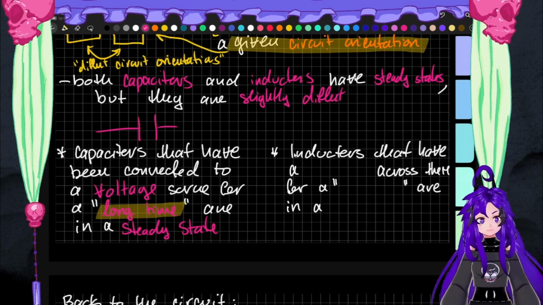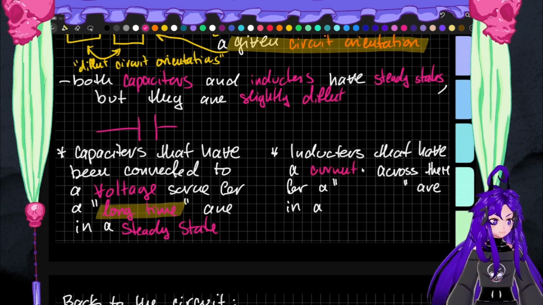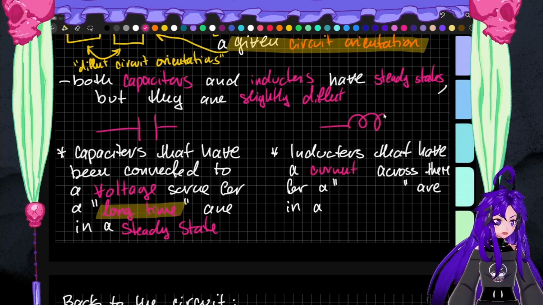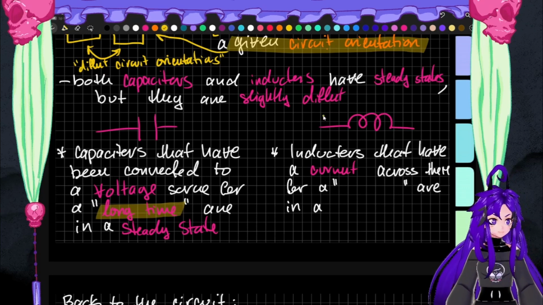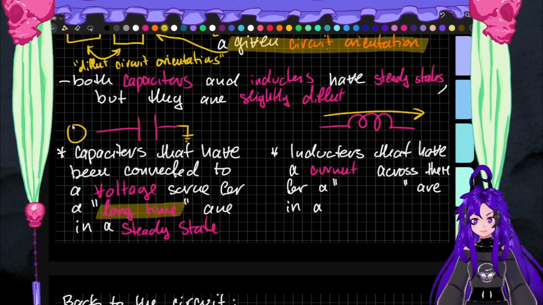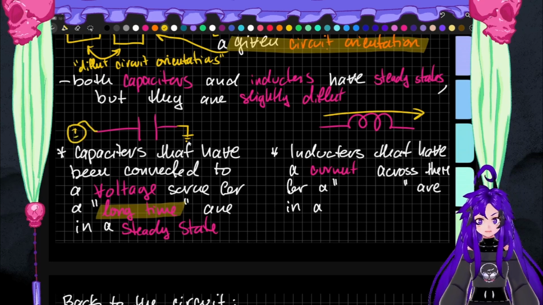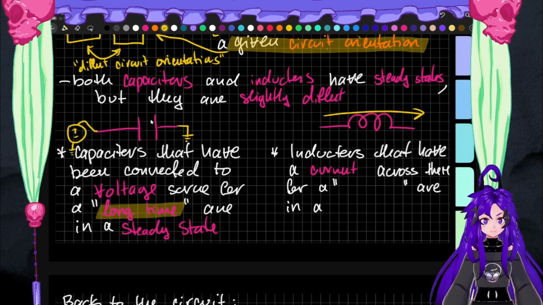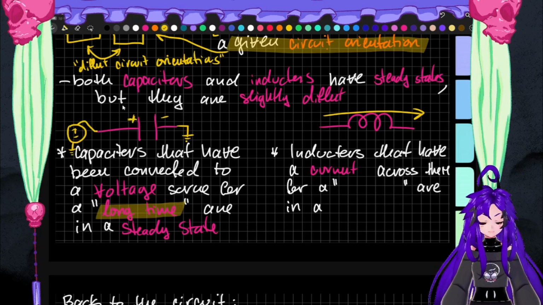And inductors that have a current across them, right? So inductor, current, and then, this one's grounded on one side and it's got a voltage on the other. So there's charges accumulating.